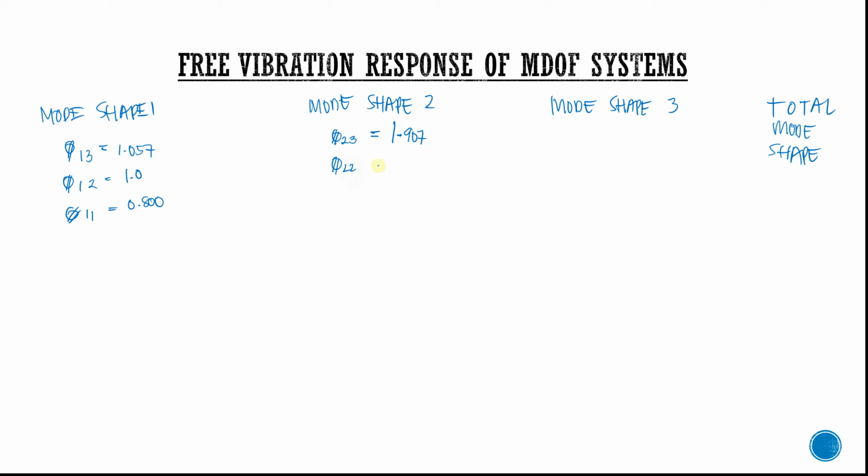And then mode shape 2 for the second floor, again, is 1.0. And mode shape 2 for the first floor is equal to negative 1.255. Mode shape 3 for the third floor is equal to negative 1.441. Mode shape 3 for the second floor is 1.0. And mode shape 3 for the first floor is equal to negative 0.149.